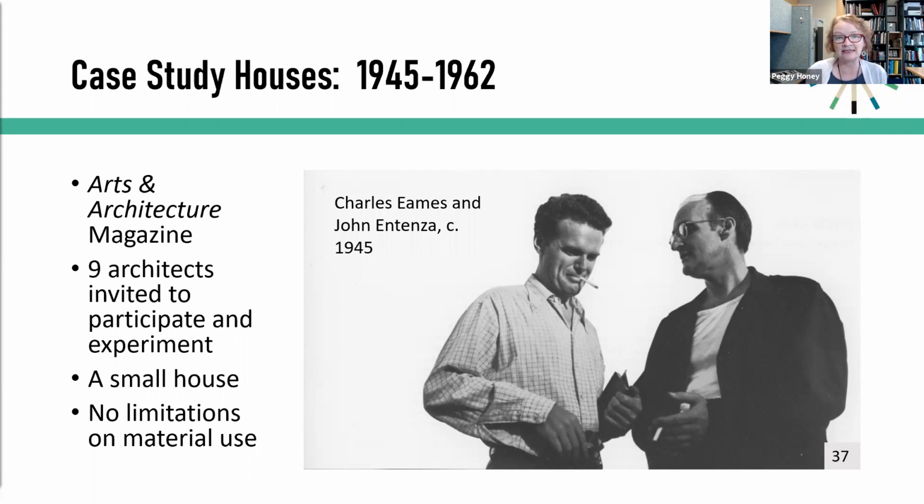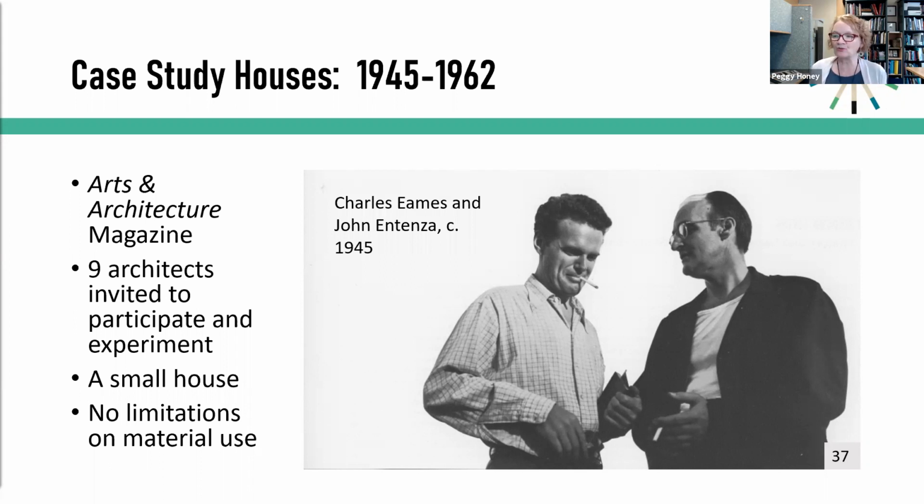And Eero Saarinen is the same person who designed the St. Louis Arch. Both Eames and Saarinen were trained at Cranbrook by Eliel Saarinen, Eero's father. And Eames really became the rock star of the group.